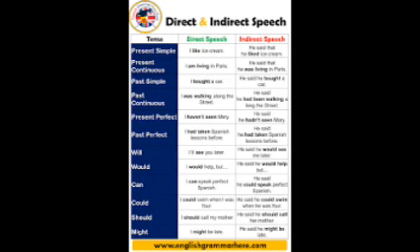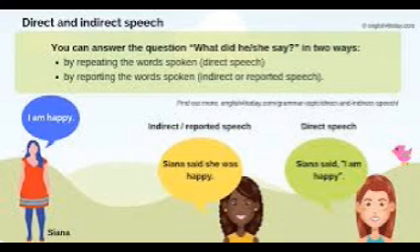This is the simple present tense. It's a habitual action, and therefore you do not change the tense into the past. You use the same thing because it is a habitual action. The boy said that he brushes his teeth every day. The only difference that arises is you add an es to it because it is in the third person singular.